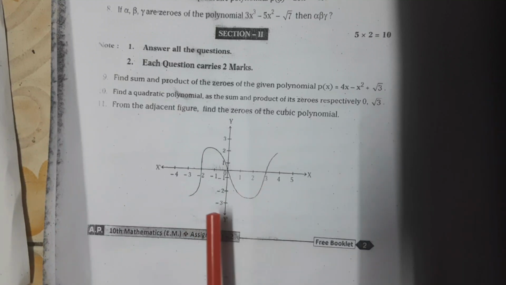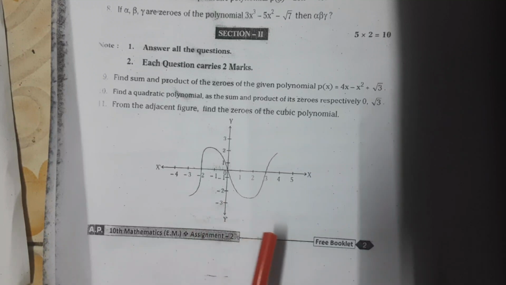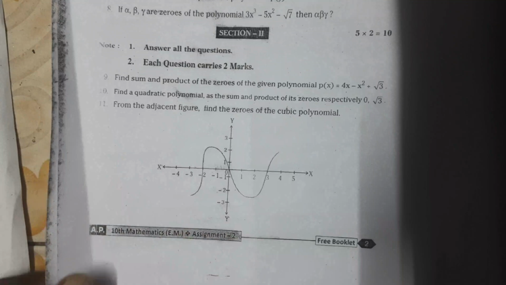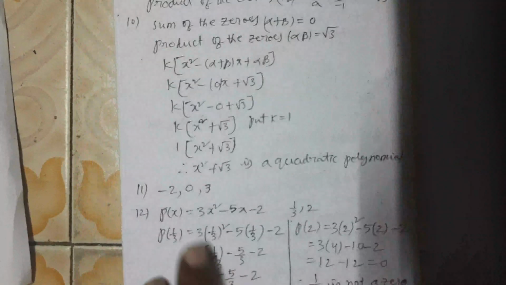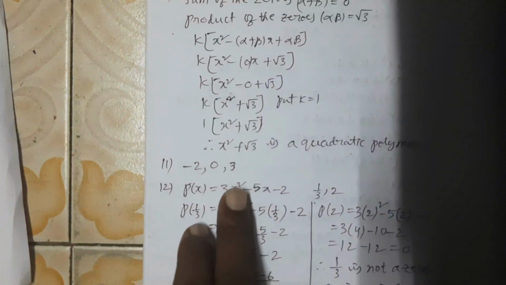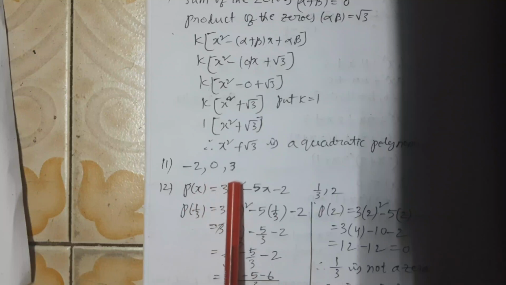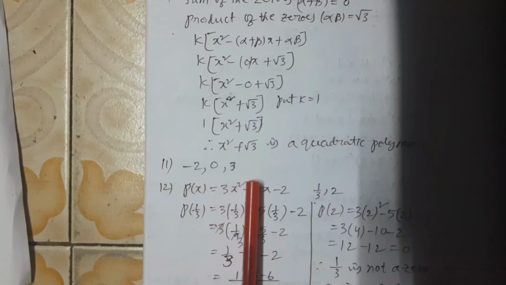Those are the 3 zeros. Okay children, this kind of sums, generally they'll ask number of zeros, sometimes they'll ask the zeros also. That means the 3 zeros are minus 2, 0, comma 3. Sometimes they'll ask number of zeros; number of zeros means 3.